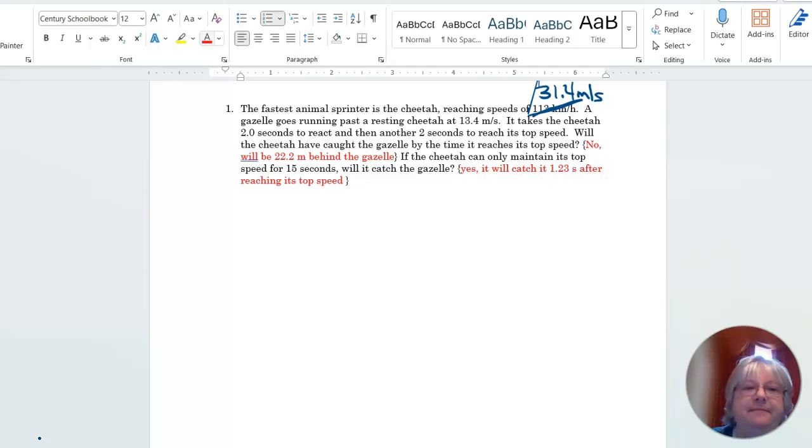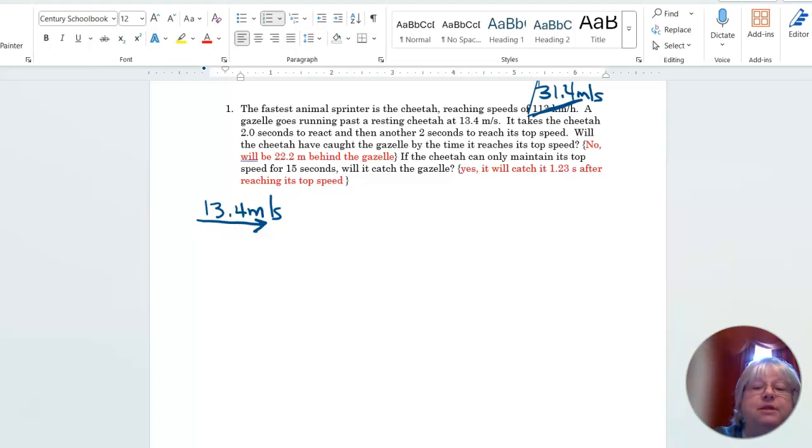All right, so let's see. What we need to know first for my first question is, if it's to catch it, how far will they go? So here's what I know. My gazelle is running at 13.4 meters per second, and it is going to run at that speed for 4 seconds.